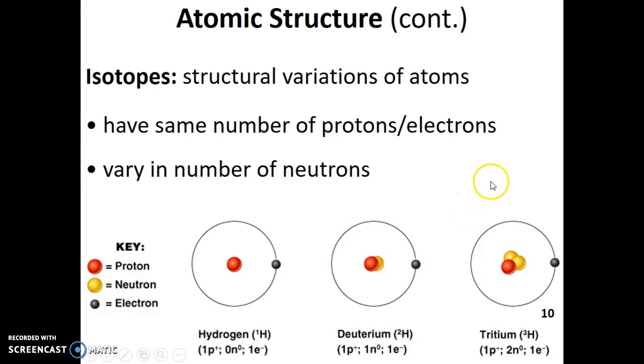And then all atoms have a radioactive isotope, or a radioisotope, that is very unstable and gives off radiation as it breaks down to a more stable element. So here we have tritium, which is the radioactive form of hydrogen. 1 proton, 1 electron, and 2 neutrons, so it has a mass of 3.